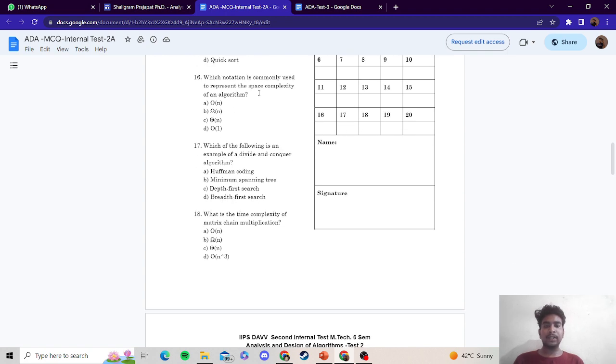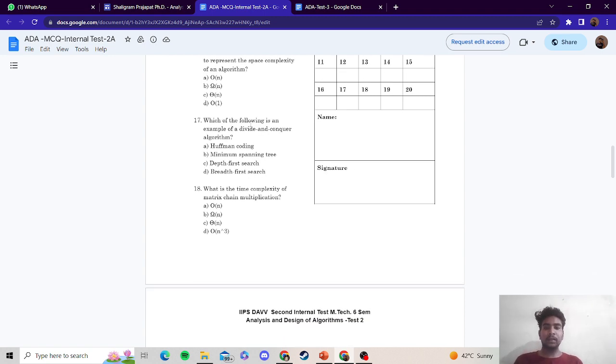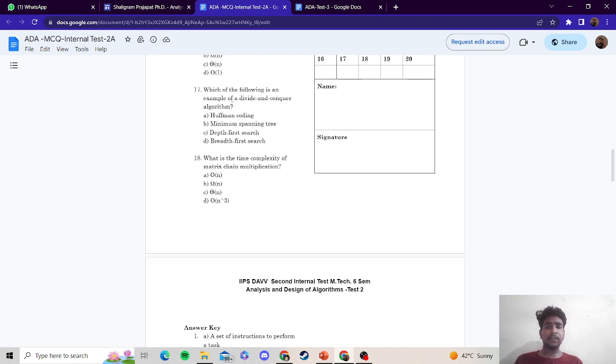Now which notation is commonly used to represent the space complexity of an algorithm? So order of 1 is commonly used to represent the space complexity of any algorithm. Now question number 17, which of the following is an example of divide and conquer algorithm? Huffman coding, minimum spanning tree, depth first search, or breadth first search?